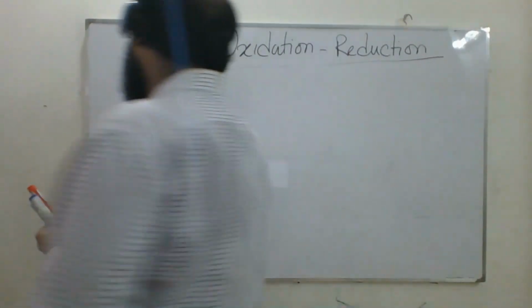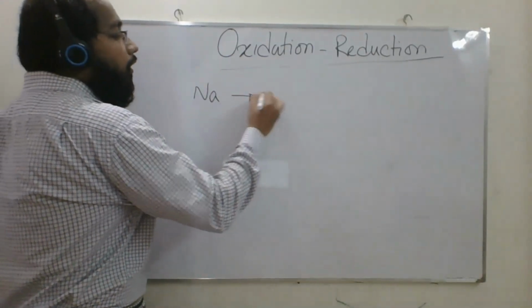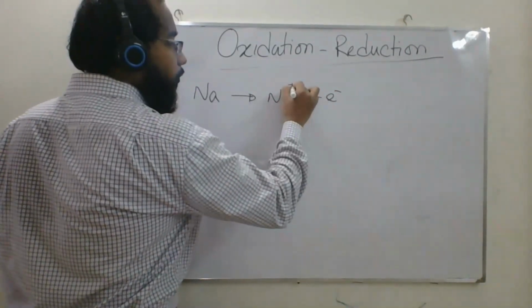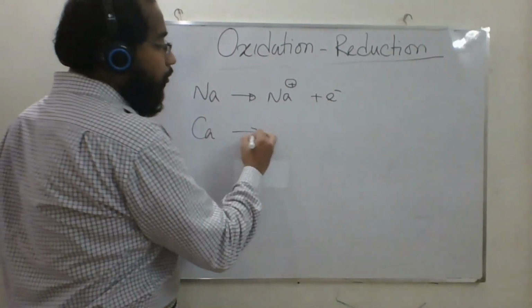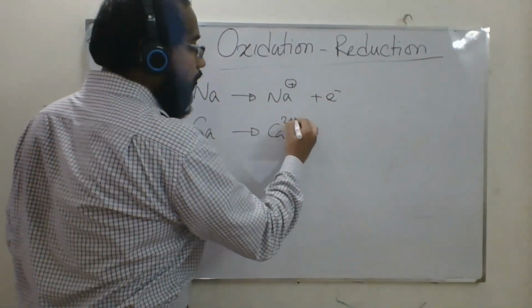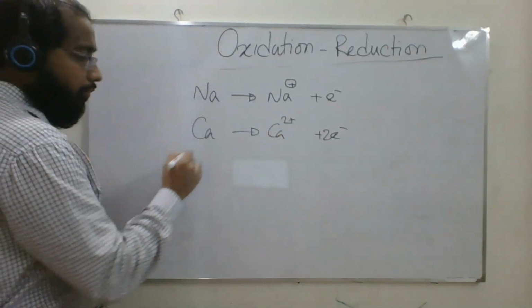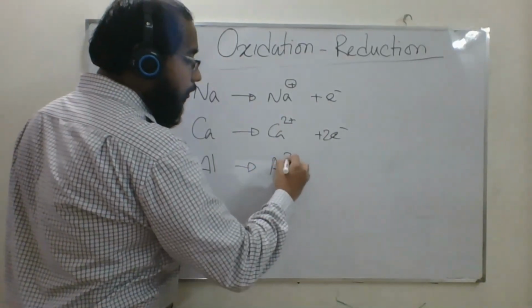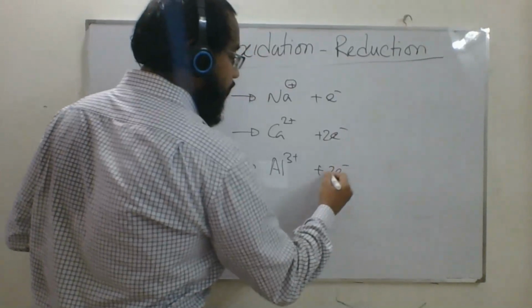Like if sodium donates one electron, there will be a positive oxidation number. If calcium donates two electrons, then there will be a 2 plus oxidation number. If aluminium donates 3 electrons, there will be a 3 plus oxidation number.